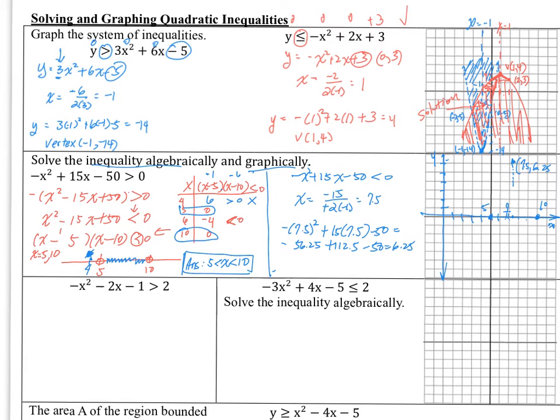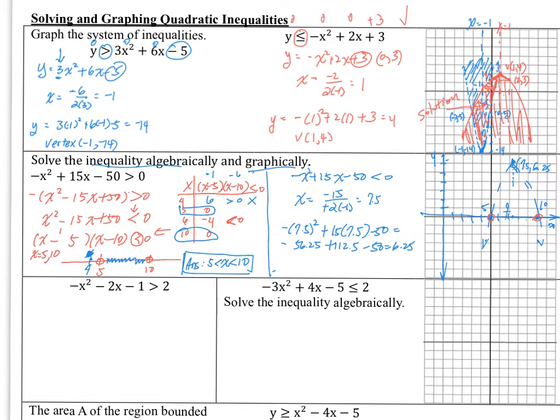So my vertex right here, and go ahead and graph this. Okay, and again, remember these are dashed. Looking at our graph here, we don't want to include 5 and 10.